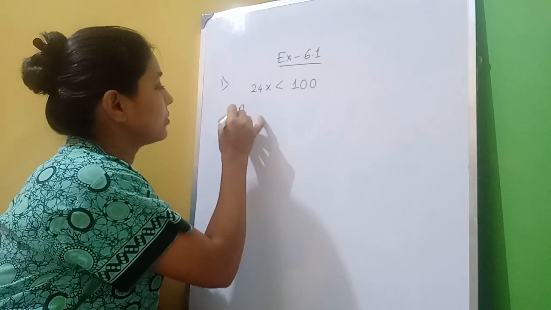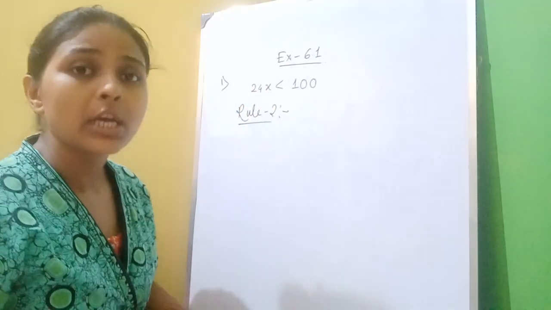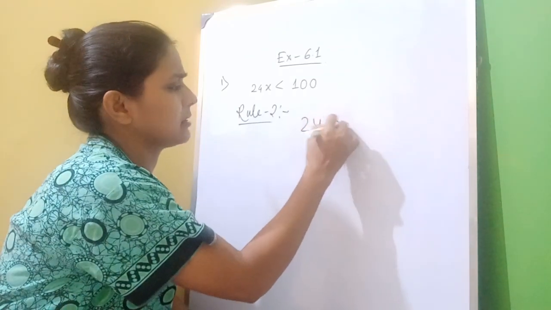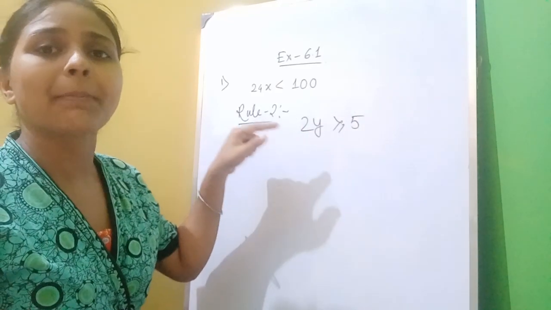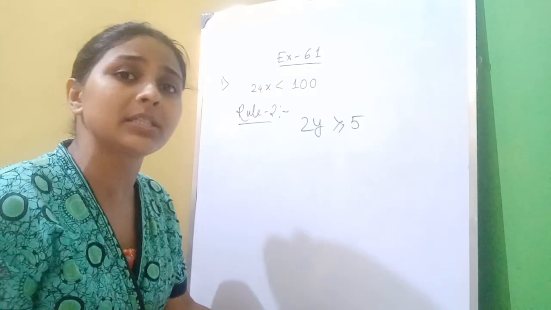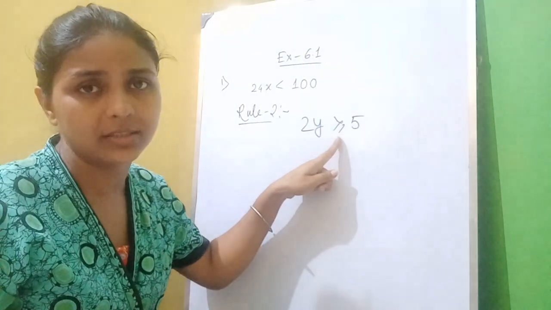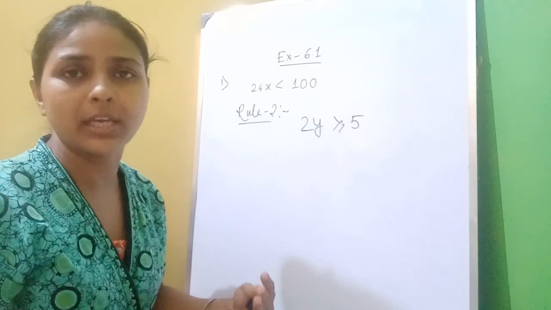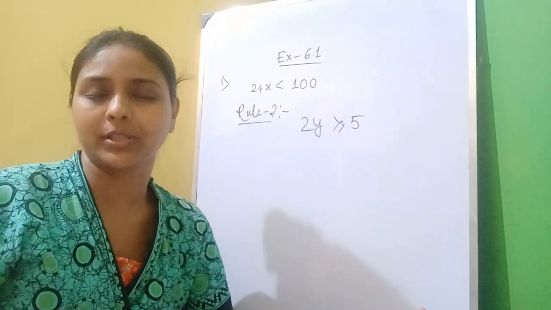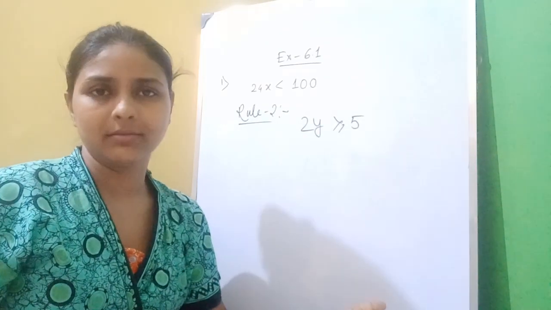That was rule number 1, and this is rule number 2. Suppose I am taking the same thing. If you are multiplying or dividing by any positive number, then the sign will be unchanged. It will work like the equal sign.